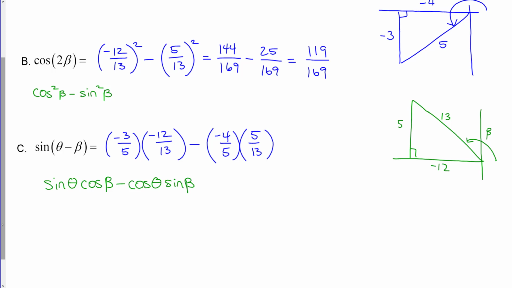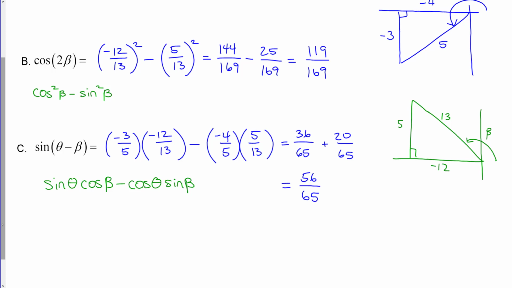And we just reduce and come up with our final answer. So let's see, this is going to be 3 times 12 is 36 over 65. And it's going to be plus 20 over 65. So we get 56 over 65. And that would be the value of sine theta minus beta.